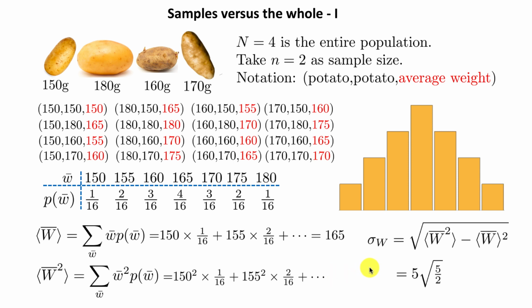What I do want to emphasize is that this way we can get the standard deviation of W, which is the square root of the average of W squared minus the average squared. And so if you do a little bit of calculation, that's simply 5 times the square root of 5 over 2. Remember, this is for the case where we take only 2 potatoes randomly out of the total population of 4.